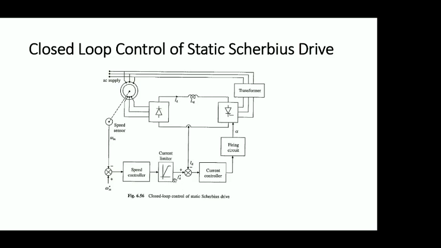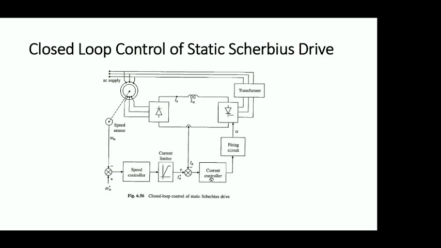In this current limiter, if you have given the ID star, then it will limit the current and give it here. You have already measured the ID, and ID star we obtained from the speed control. Even so, we have a current limiter here. Now you have ID star and ID, so you will get an error here.